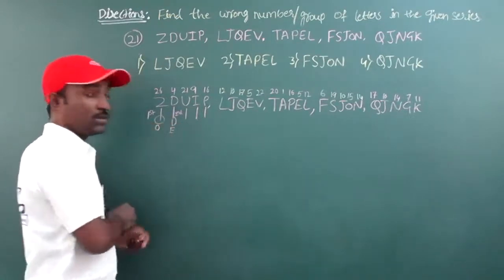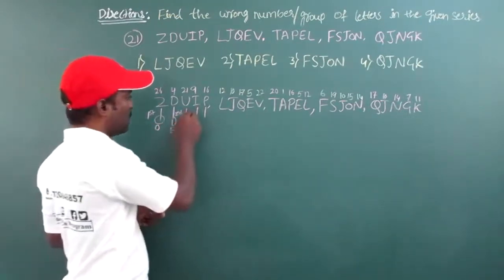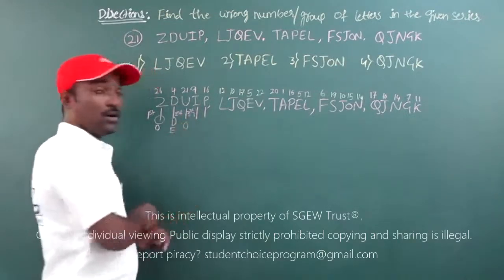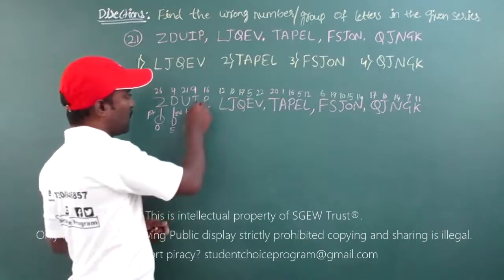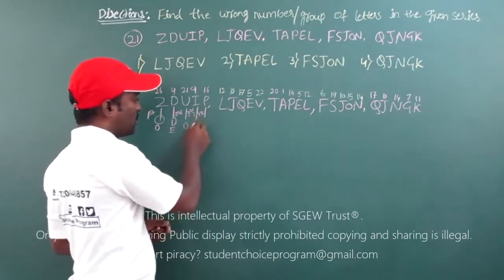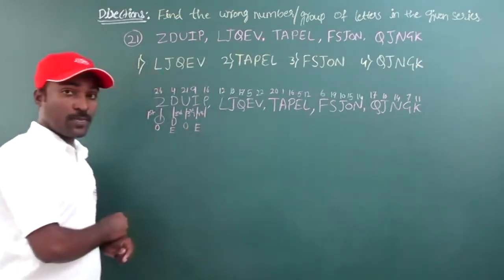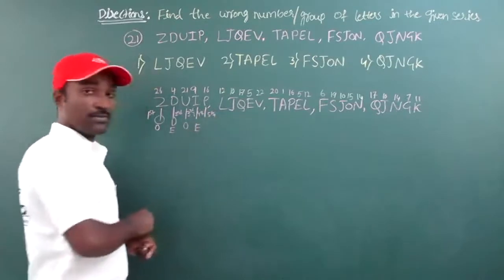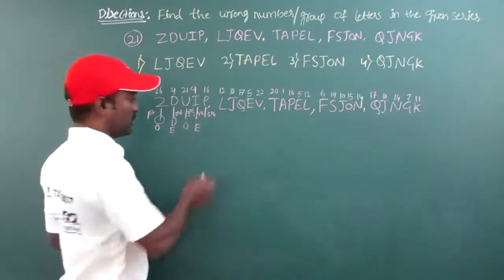This is at the odd, this is at the even position. Now this is at third position, that means odd position. Now I is at the fourth position, which means even position. This P is at fifth position, which means odd position.